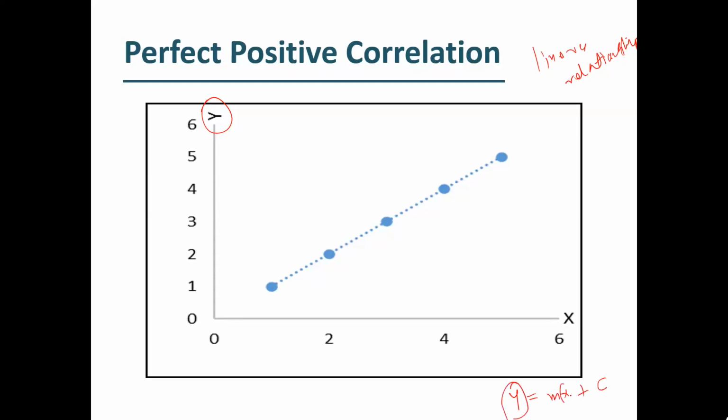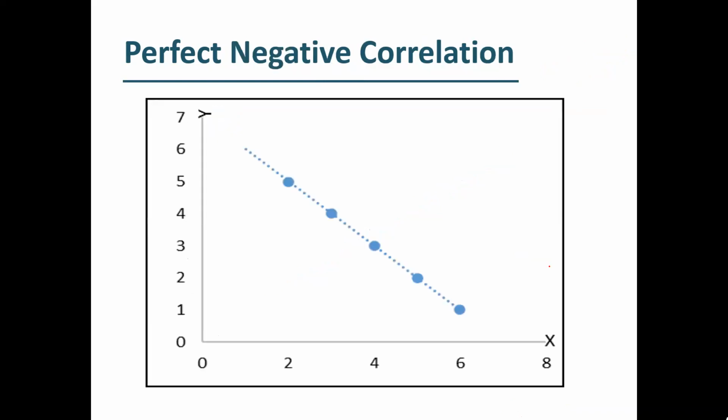So y and x are linearly related, m is the slope and c is the intercept. We have perfect negative correlation: all data points are on a negatively sloped line, the trend line.